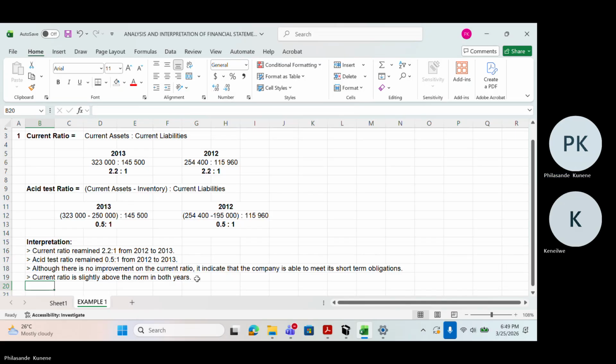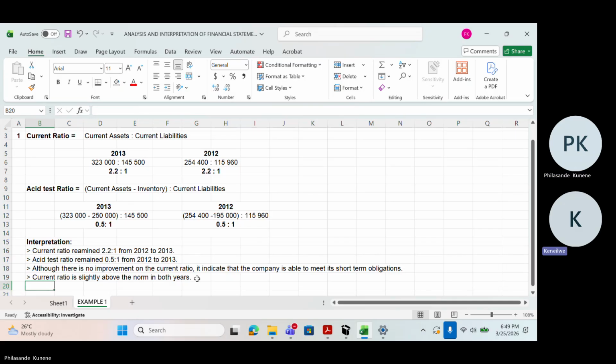Now, let's look at the acid test ratio. What does the acid test ratio indicate if it's like this? Without relying on inventory, can we still be able to meet our short-term obligations?